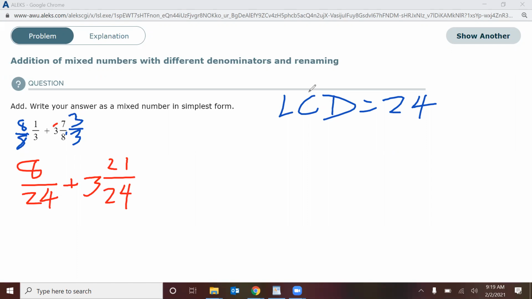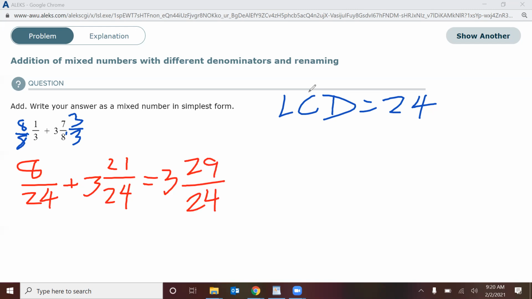And you'll notice that this whole number 3 did not get affected by this process. Now I am ready to combine the two numbers. So I'll get 8 24ths plus another 21 24ths, and that will come out to 29 24ths.